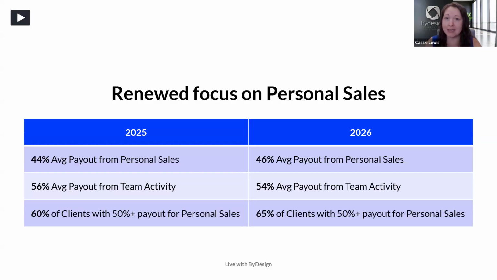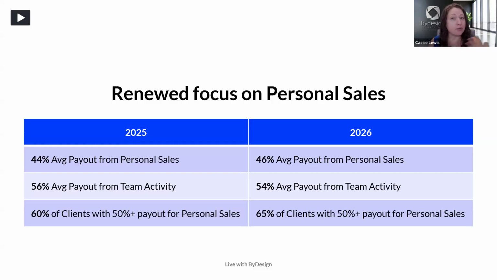More compelling is this last stat that I will share with you. 1 year ago today, 60% of the clients paid more for personal selling benefits than they did team activity. That has increased to 65% this year. So we've had a 5% increase in the number of clients who have shifted to spend more rewarding personal sales than they do rewarding team activities.